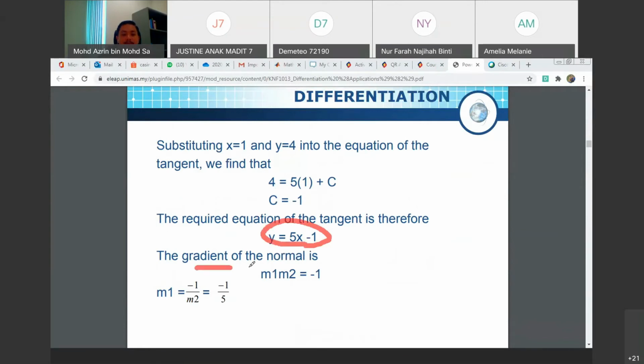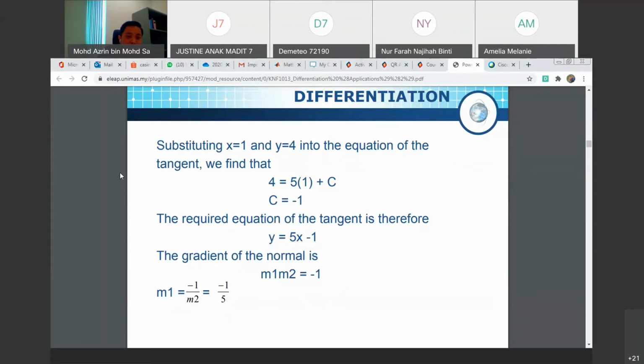Now find the gradient. After you using this equation, you will get the slope of the normal is negative 1 over 5. So insert into normal line formula tadi. So directly is very simple kan.